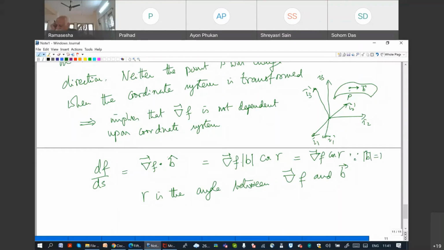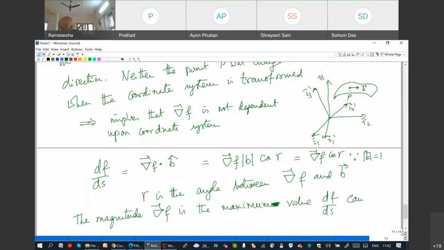So the magnitude of grad f is the maximum value df by ds can take in any unit direction.